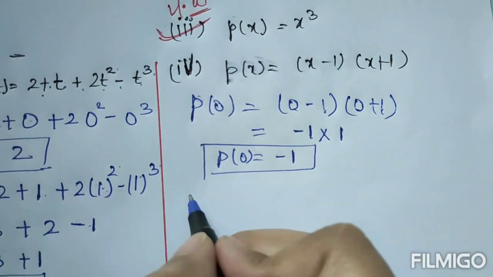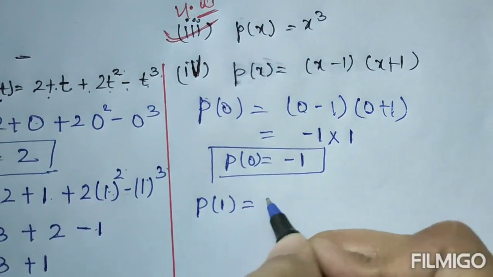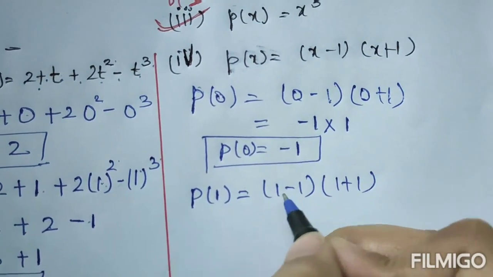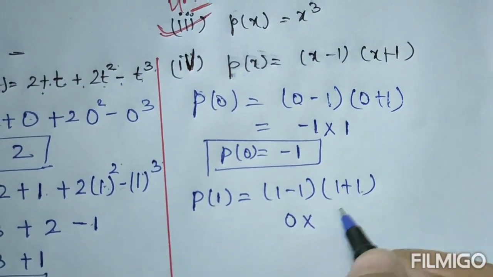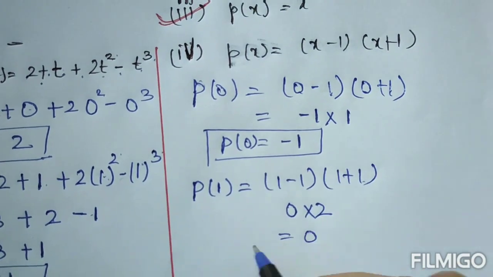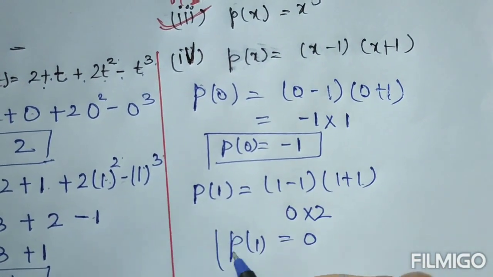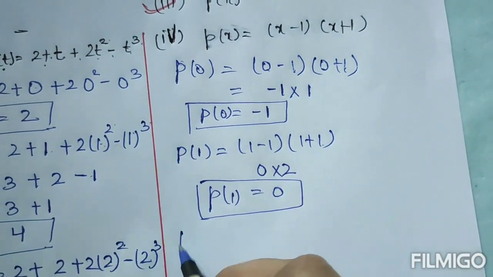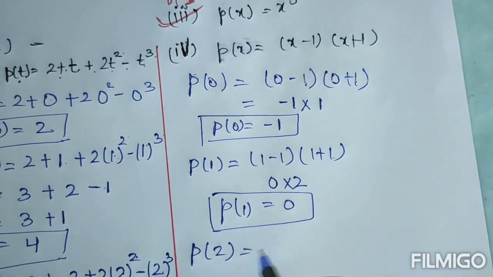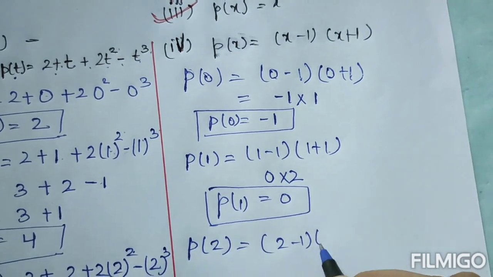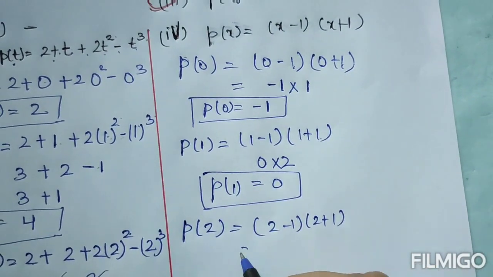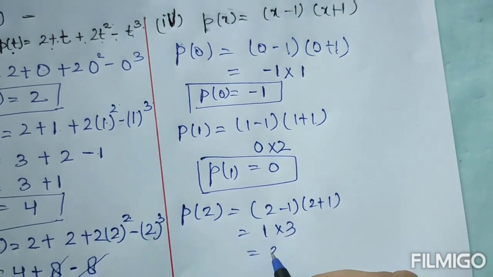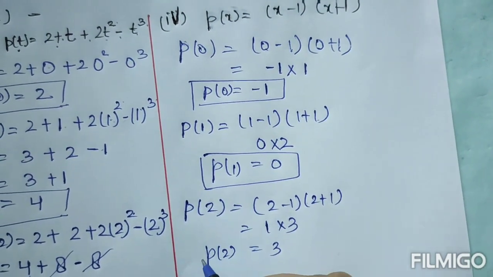Now p of 1, that is 1 minus 1 times 1 plus 1. 1 minus 1 is 0, multiplied by 2, it will be 0. p of 1 is 0. Now next p of 2 you have to find. 2 minus 1 times 2 plus 1. 2 minus 1 is 1, 2 plus 1 is 3, that is 3. p of 2 is 3.